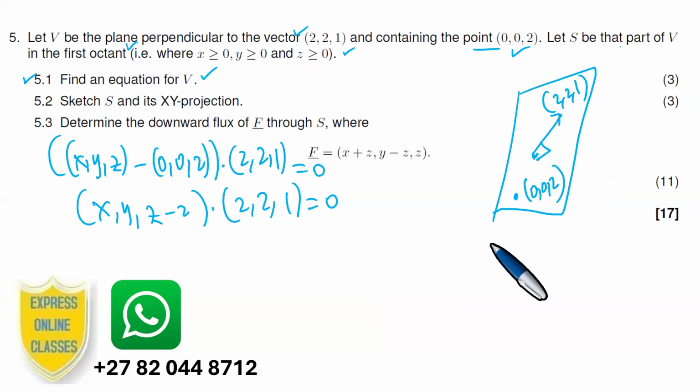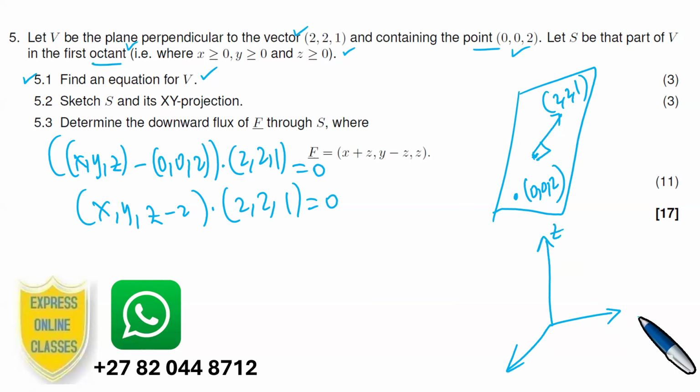Let S be the part of V in the first octant. First octant means you are dealing with the eight regions of 3D space.